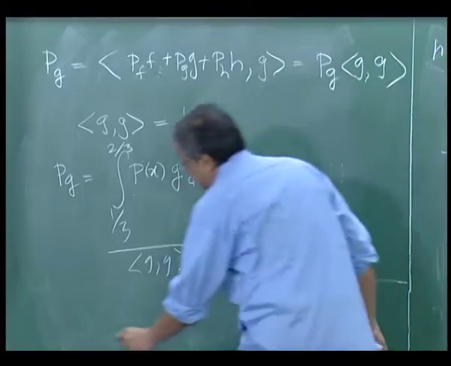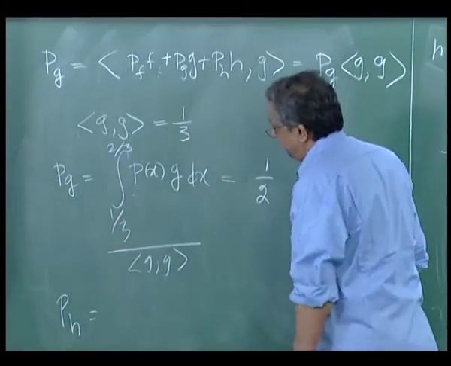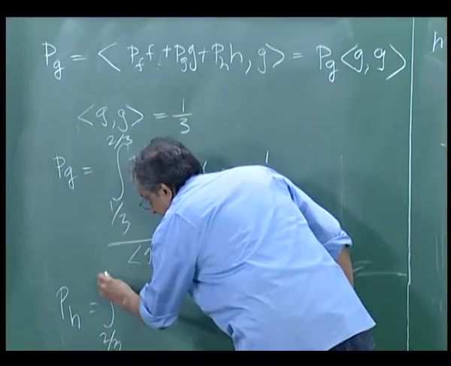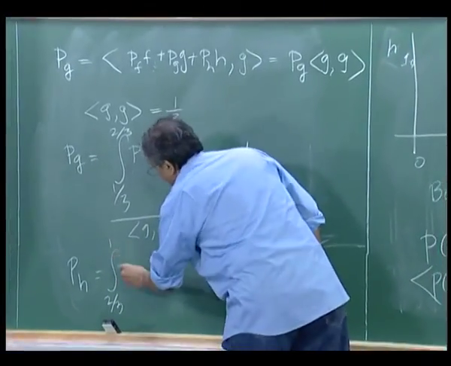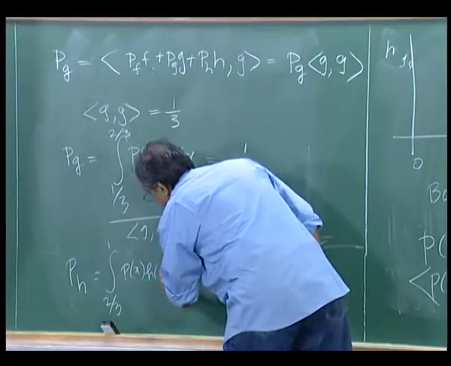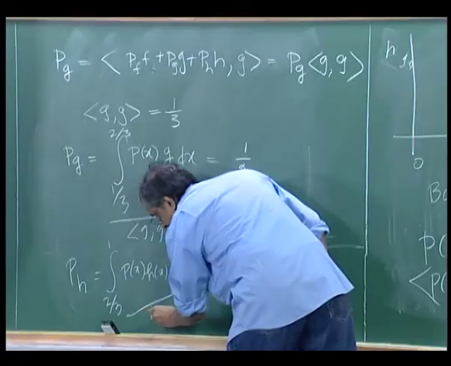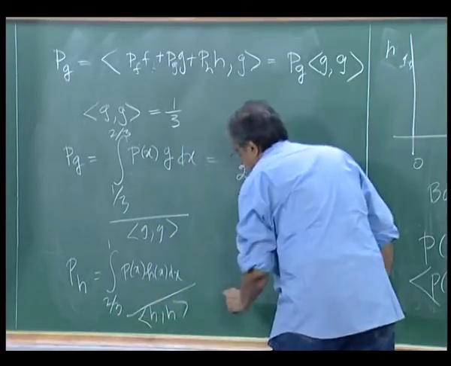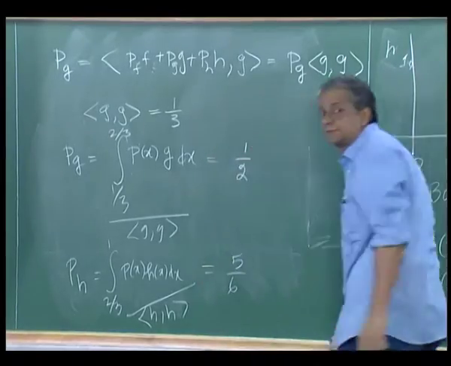and Ph in a similar fashion. Ph you will have to integrate between 2/3 and 1, P of x h of x dx divided by h dot h, which will be, you can verify that it is 5/6.